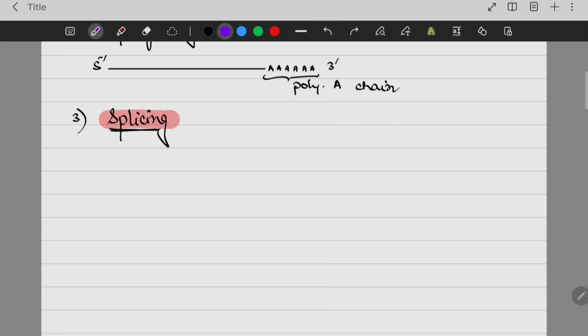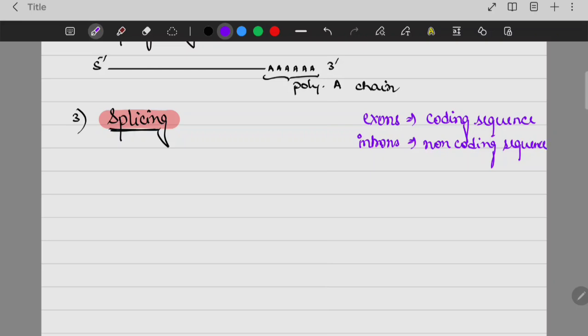Exons are basically the coding sequence which will be used for the formation of new proteins, and introns are non-coding sequences. So we don't need these introns. Why would we use the introns if they have no function in coding? So we have to remove these, and the binding of the exons will take place.